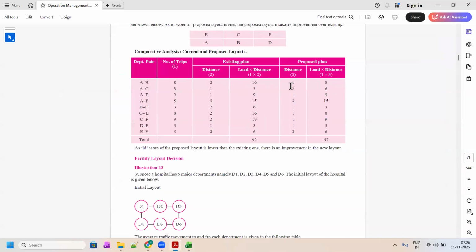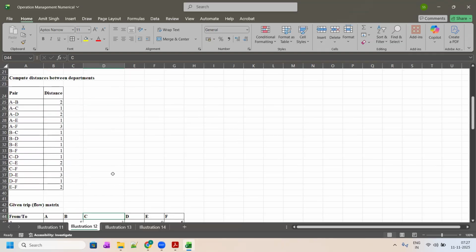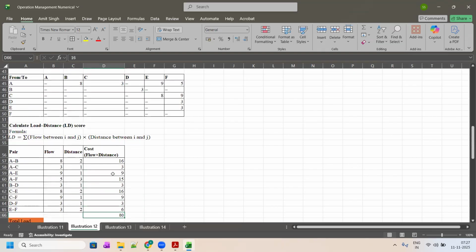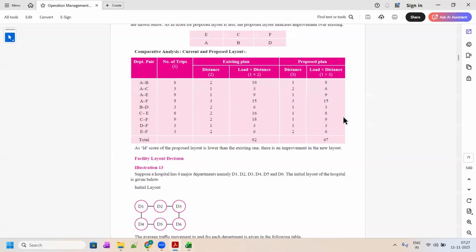So E A C B F D. As per what is given in the book, with the current setup your cost is around 80. If you use this setup, then your cost will become 67. So this is the good setup. I think this is the setup where you are getting the minimal cost.